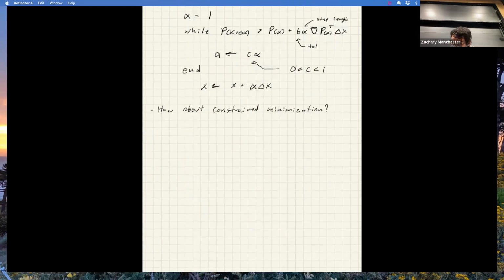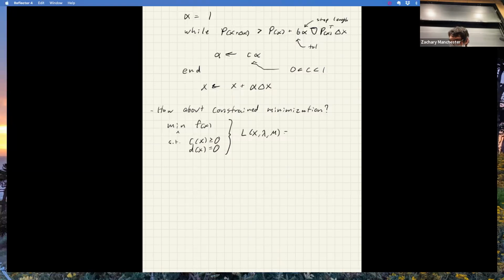Okay, so we're now doing, say, min over x, f of x, subject to, we'll do both inequalities and equalities here. So we're now going to write down the Lagrangian for this guy, just mostly for notation purposes.